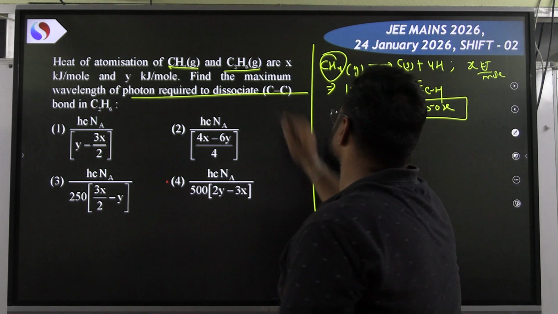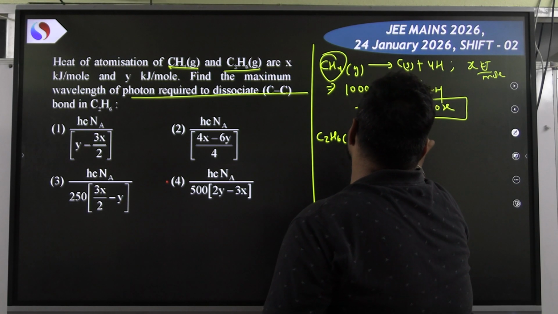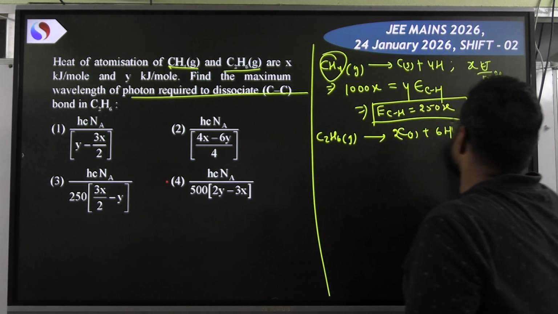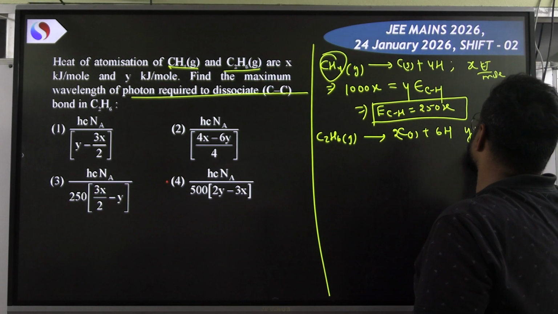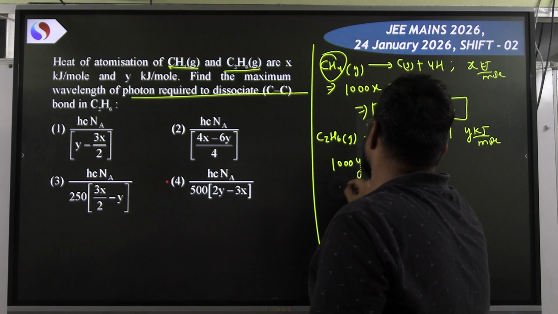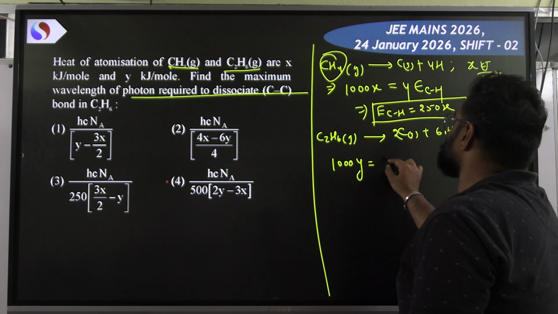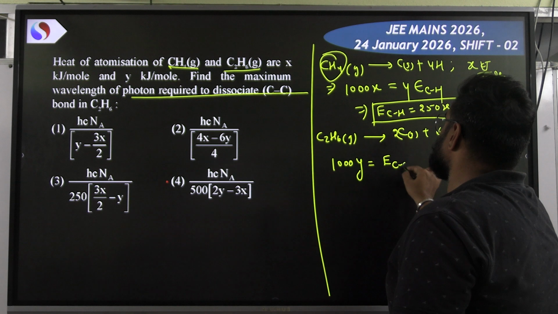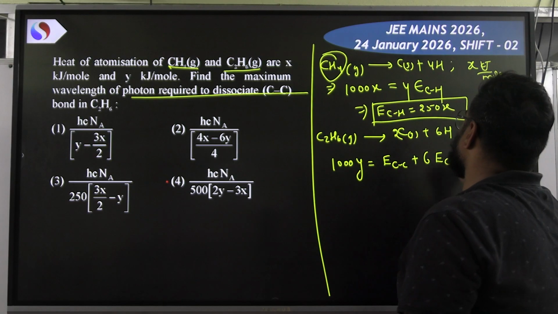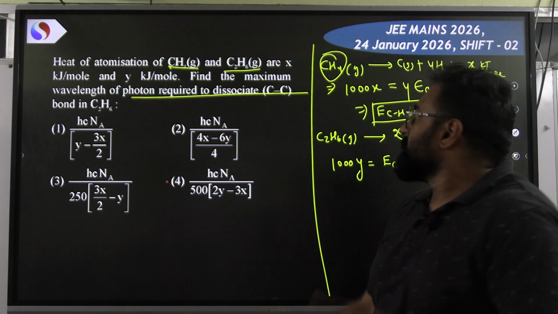Now what is the second equation? C2H6 gives 2 carbon plus 6 hydrogen, and this is y kilojoule per mole. So can I write this as 1000y is equal to bond energy of carbon plus 6 into bond energy of carbon hydrogen, correct? Because there are 6 carbon hydrogen bonds as per structure.